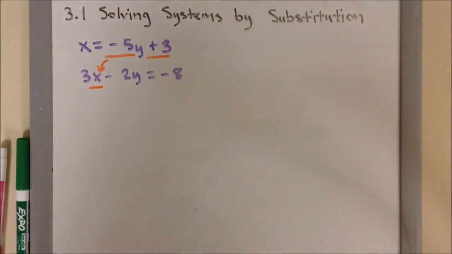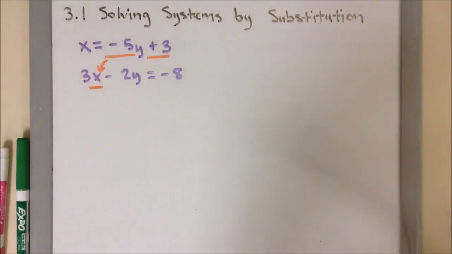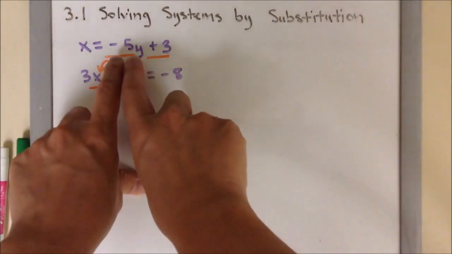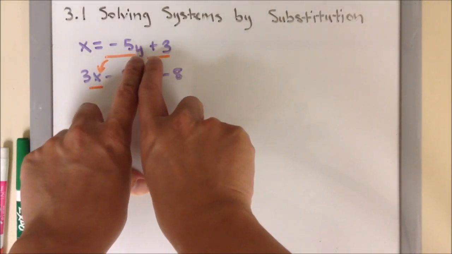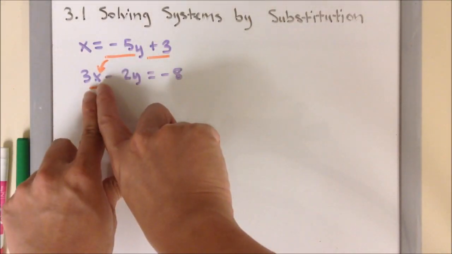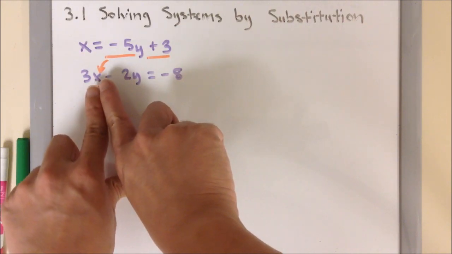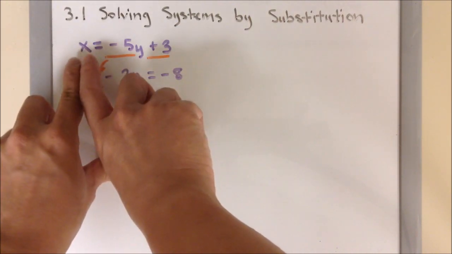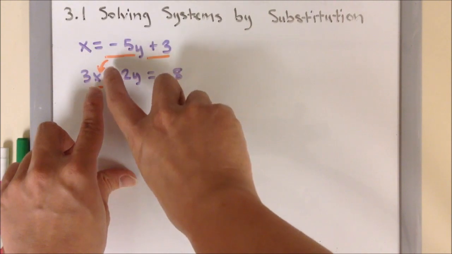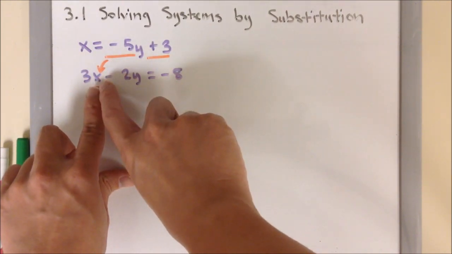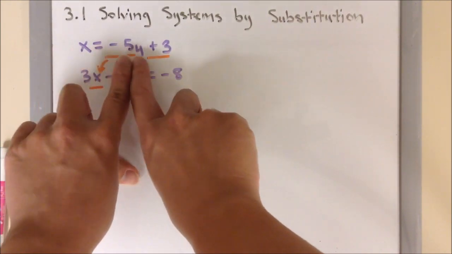Let me rewrite it, and it's going to be a long equation. Again, substitution is basically plug in or replace. I'm going to replace the x of the second equation with negative 5y plus 3.